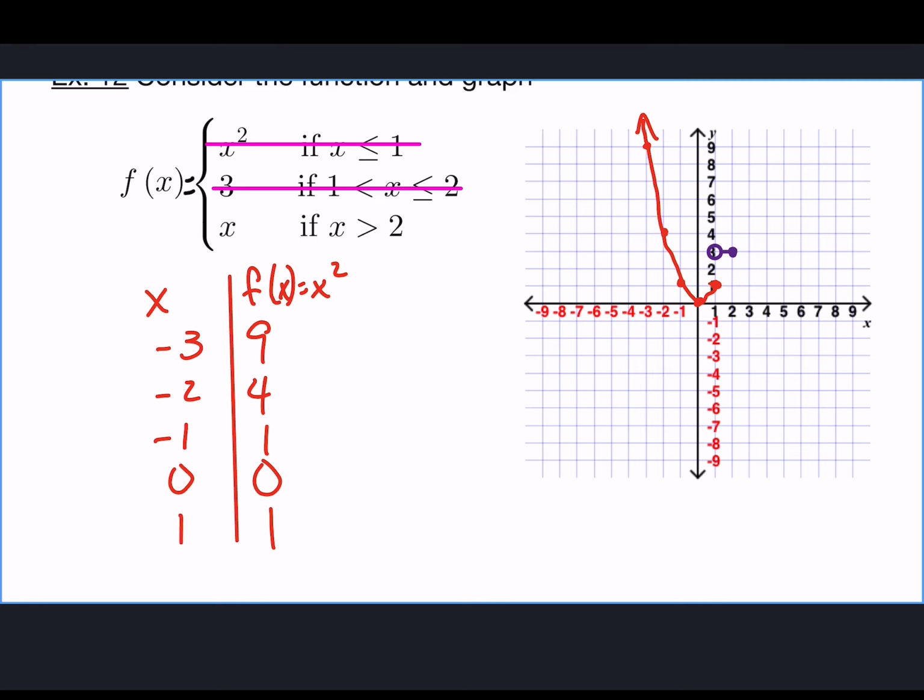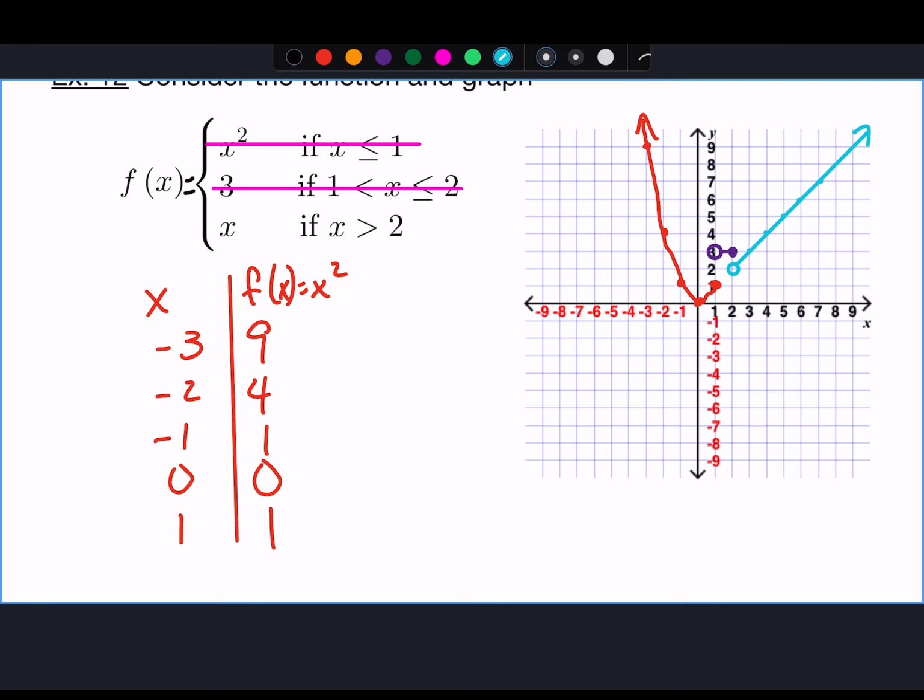Oops, I didn't put that circle at the right place. Should be 2, 2, right? And then 3, 3, 4, 4, 5, 5, 6, 6, 7, 7, and so on. And so I can just connect those dots and put my arrow.